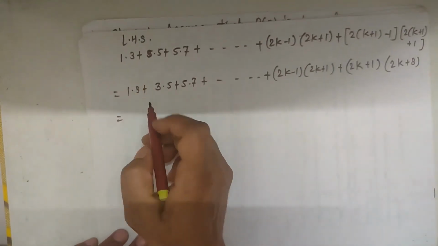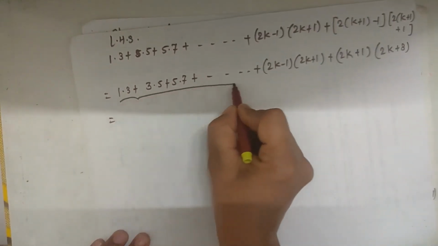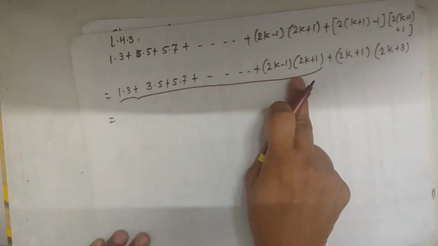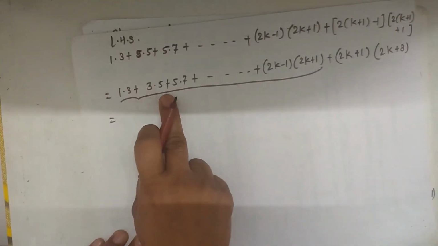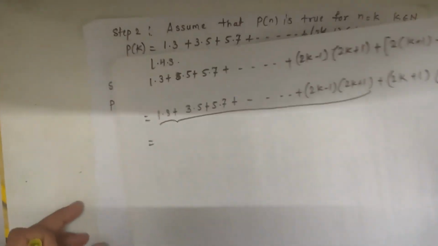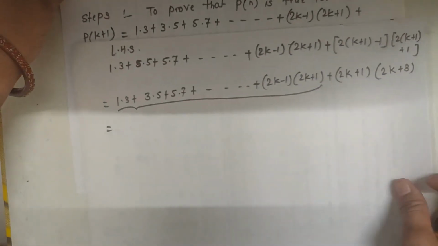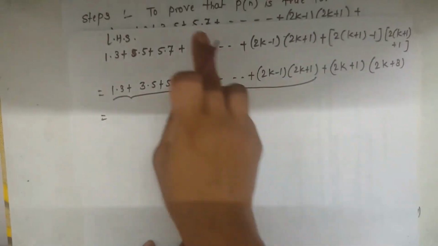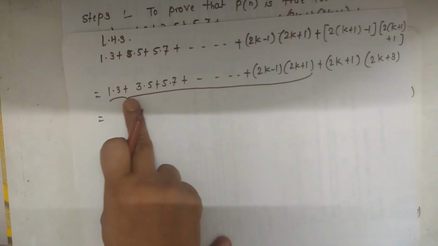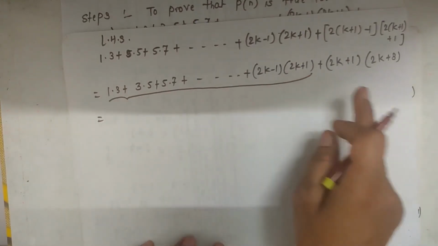Now we know from equation number 1 the addition of k terms, 1 into 3 plus 3 into 5 up to 2k minus 1 into 2k plus 1. From equation number 1, from step 2, we get the value of 1 into 3 up to 2k minus 1 into 2k plus 1.